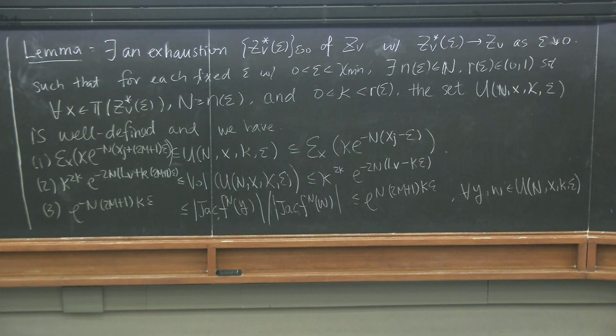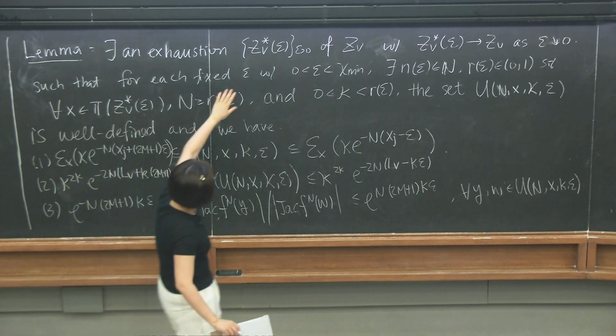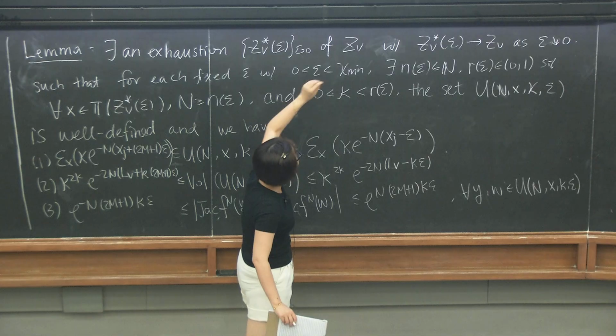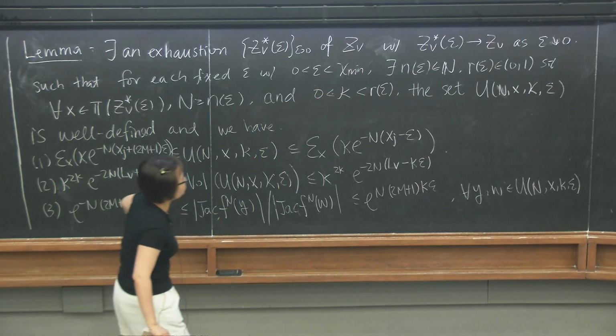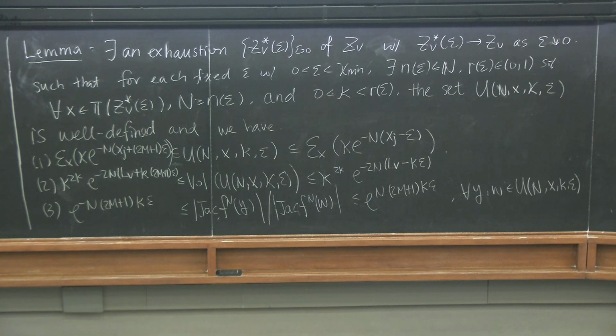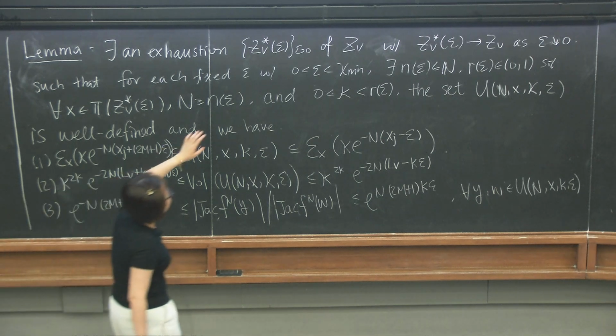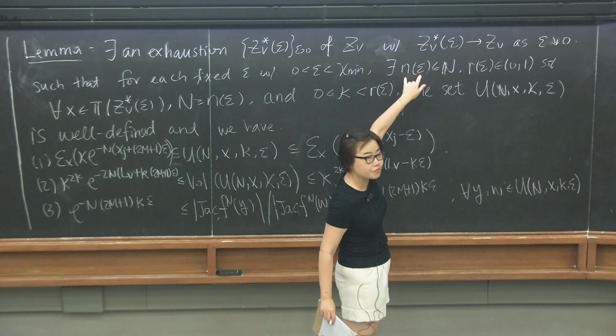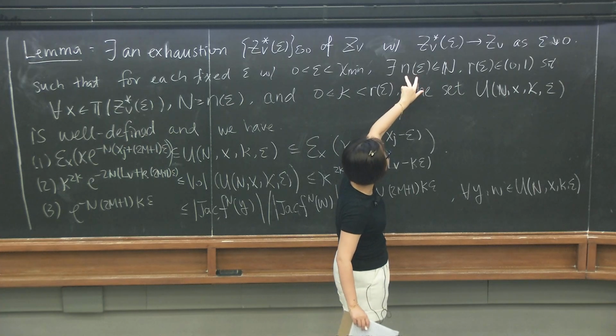So what does this say? Basically you first put a level to exhaust this full measure set z sub nu, and then at level epsilon, all the estimates are uniform. So you have a uniform bound on the iterate.